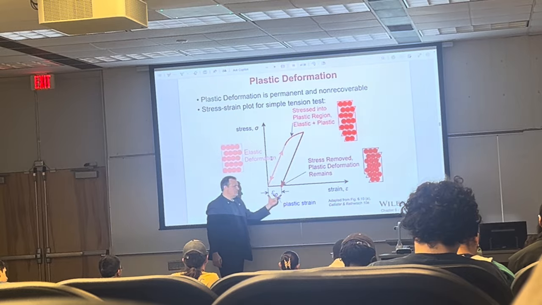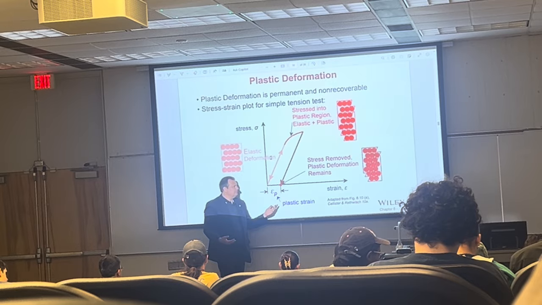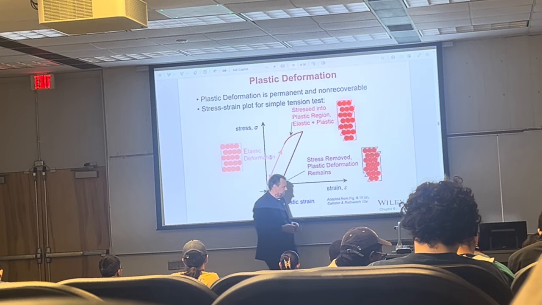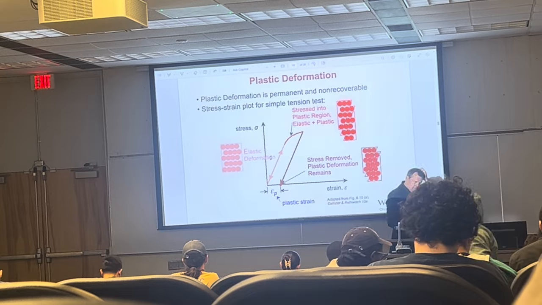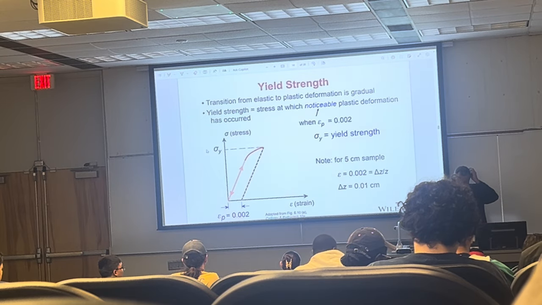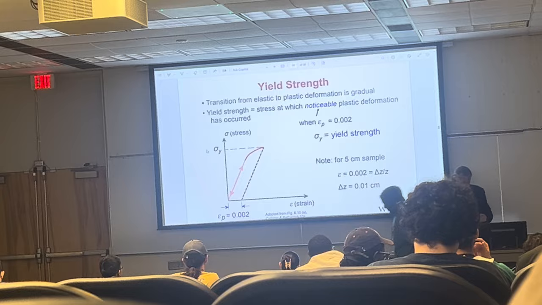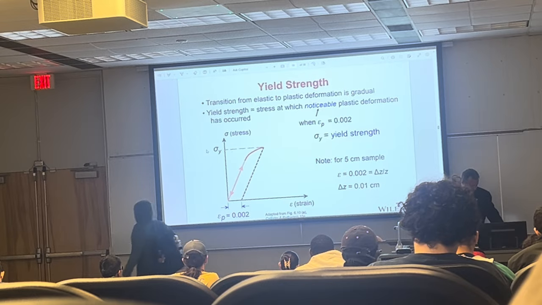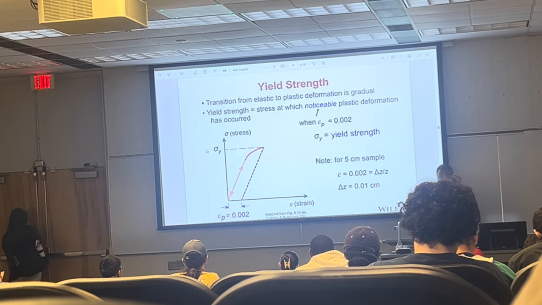And then this is the amount of epsilon sub p, or plastic strain, which is not recovered. This allows us to measure another very important property for a metal, which is called yield strength.